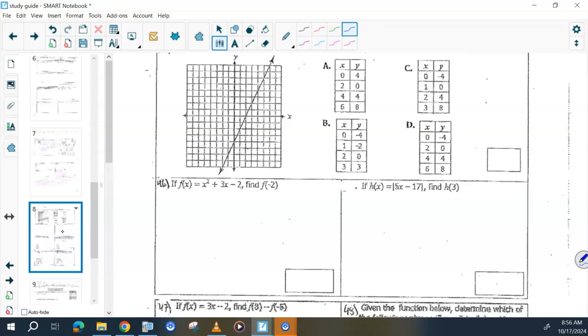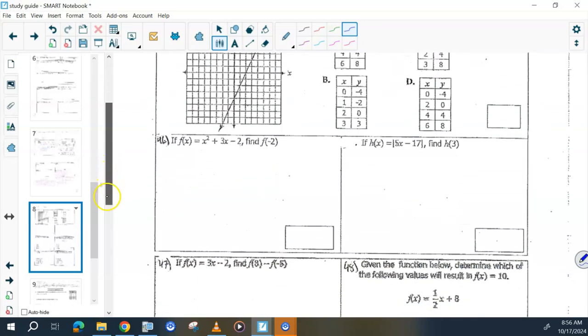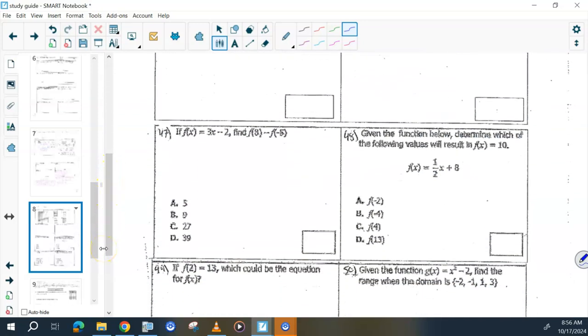47 is similar to the one we just did, but this one's subtracting. But now we're only using the same equation. So if I find f of 8, and I put 8 in and we multiply, so 24 minus 2, f of 8 would be what? 22.